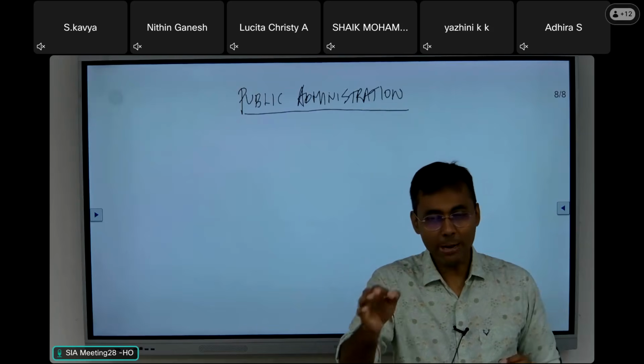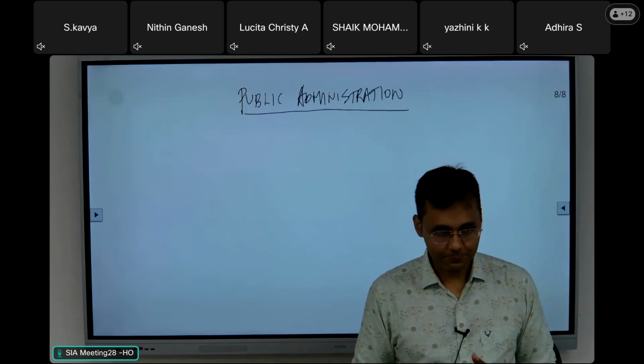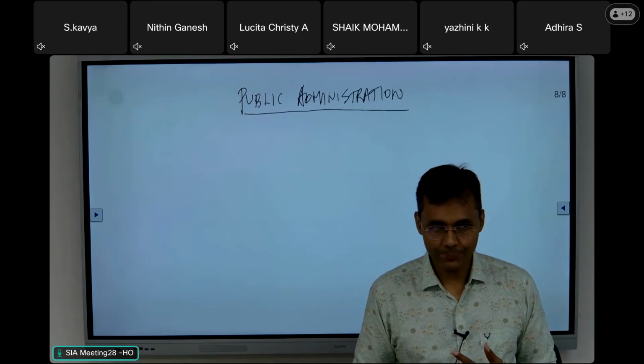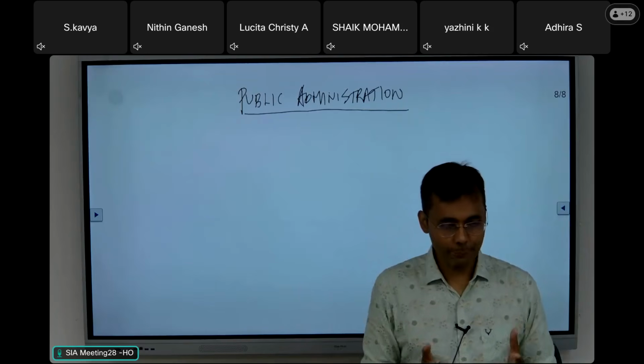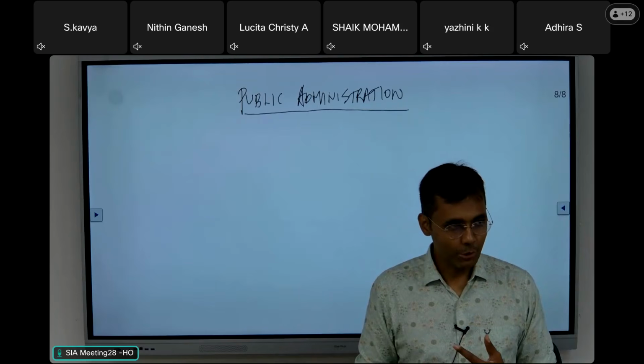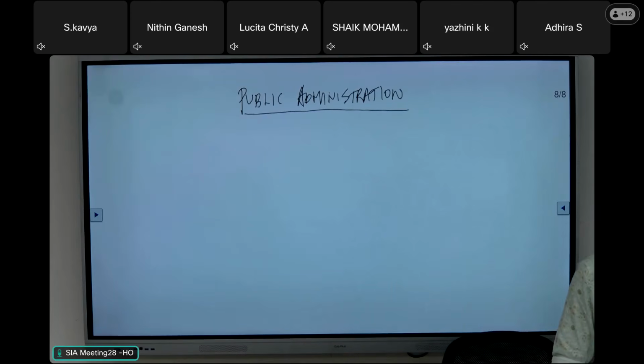Under this Management Information System, what they try to do is give all the information to make the best decisions. One of the biggest challenges for human beings is we cannot get all the information to make the best choices. A simple way of saying is, take your UPSC itself. Does anyone know this term called cadre?